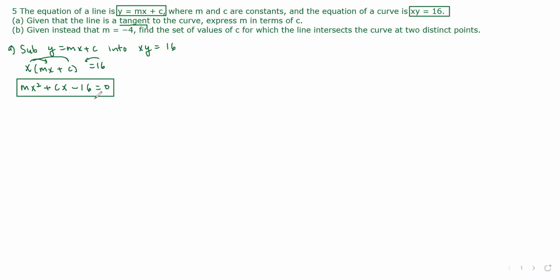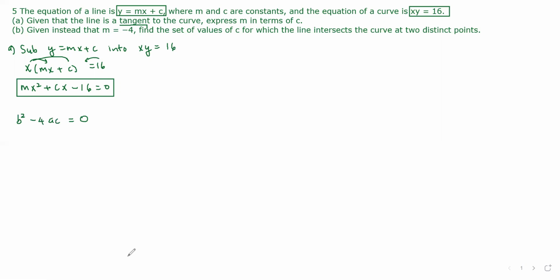There is only one root to this quadratic equation. A quadratic equation has one root when the discriminant is 0. So b squared minus 4ac must be 0 because the line is tangent to the curve.